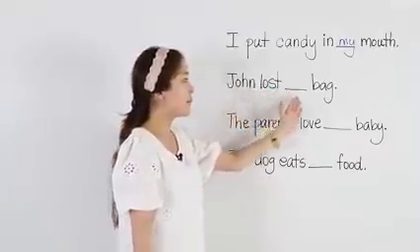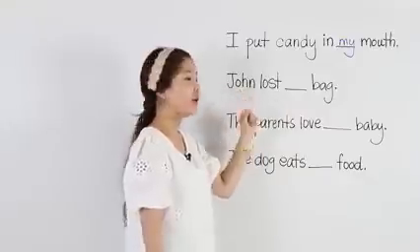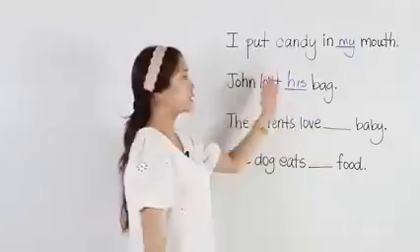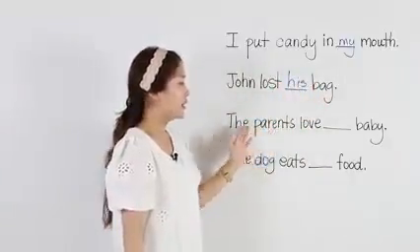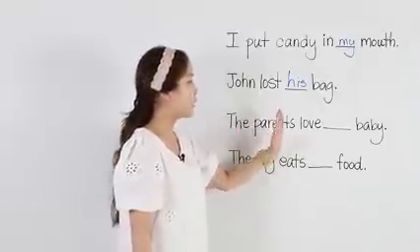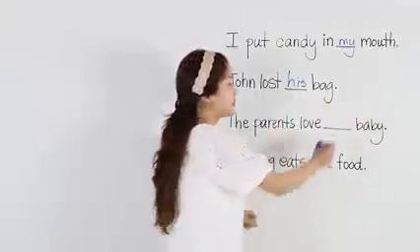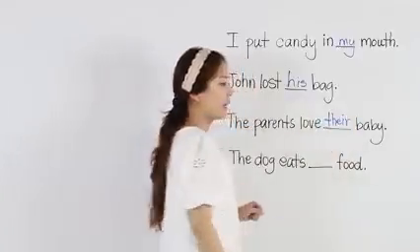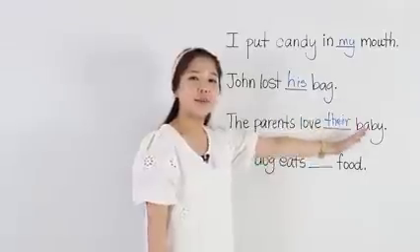John lost ___ bag. For one man or boy, we say his. John lost his bag. The parents, that's more than one person, that's two people. So the parents love ___ baby. We have to put their. The parents love their baby.